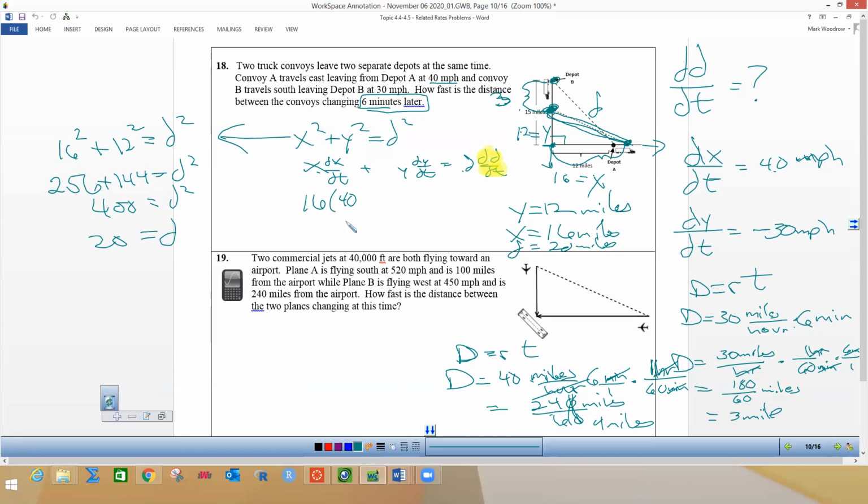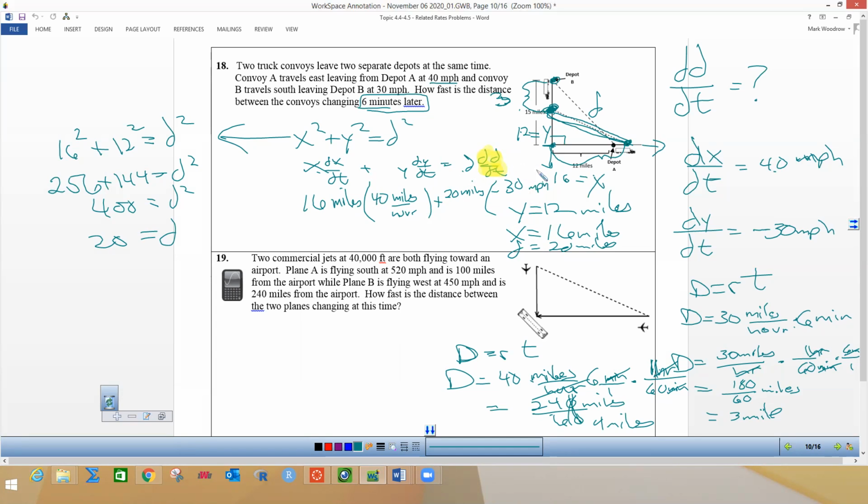You know what? Let me put the stuff in here. So this is 16 miles. This is 40 miles per hour. And then plus y is 20 miles. And dy/dt is negative 30 miles per hour.